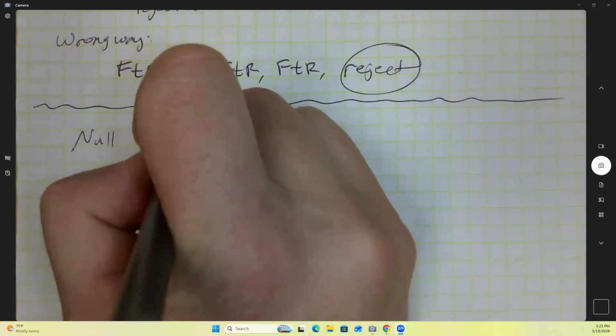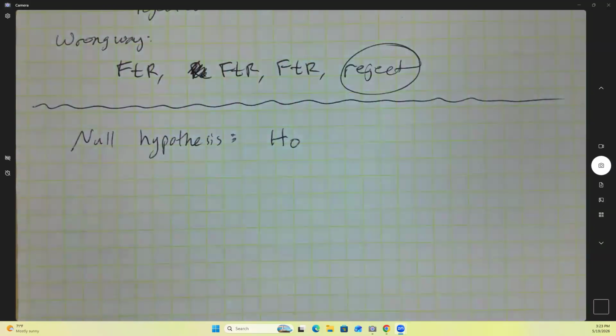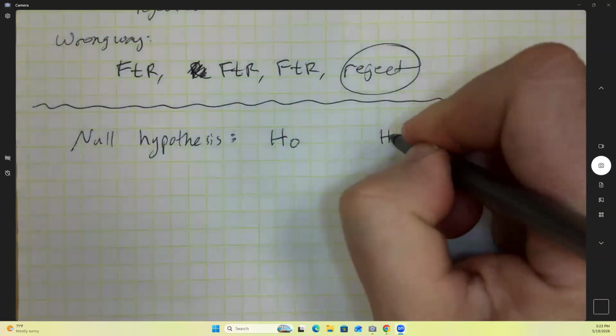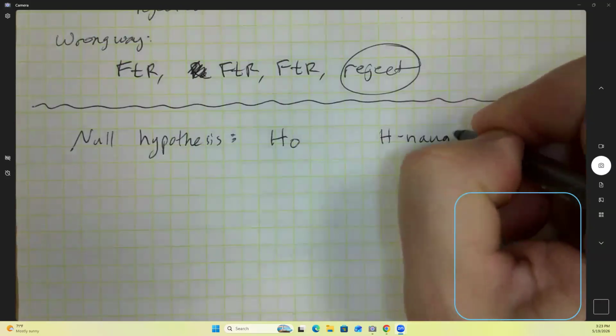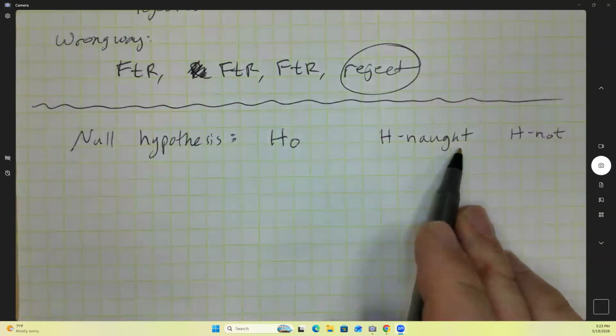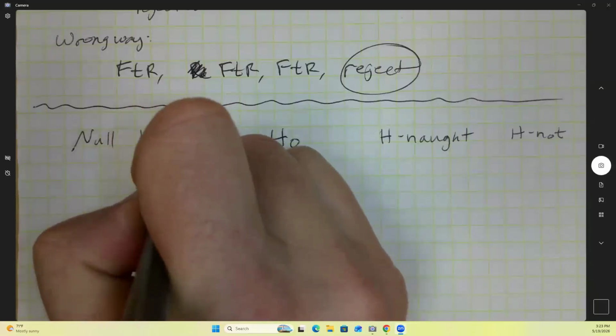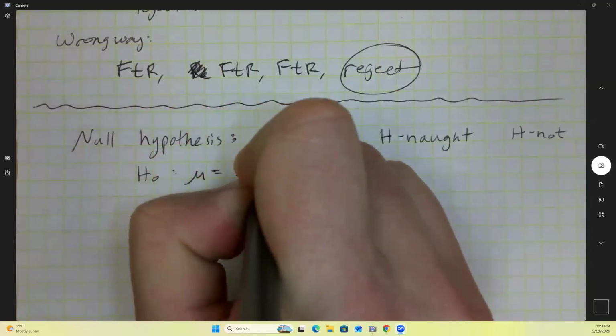I write and I say null hypothesis. The symbol is H with a little 0. It's pronounced H naught. Not as in 0, but I suppose it could be not as in not interesting. So you're often going to see something like H naught: mu equals 250.